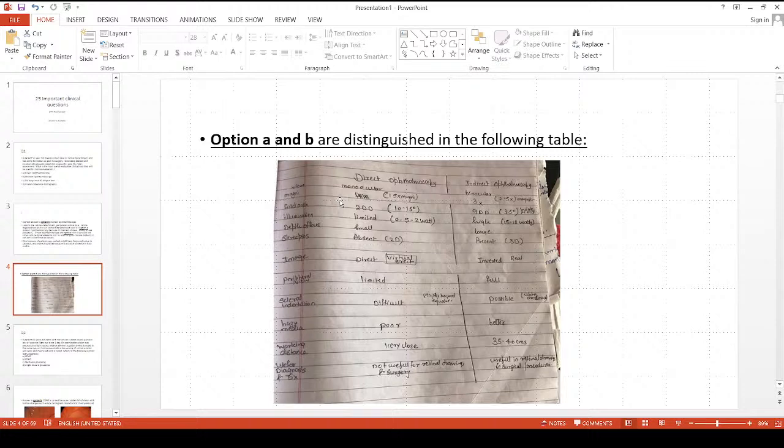Illumination will be limited in direct ophthalmoscopy, while it will be very high in indirect ophthalmoscopy. Stereopsis will be completely absent in direct ophthalmoscopy, and this is a great advantage where stereopsis will be present in indirect ophthalmoscopy. So lesions like epiretinal membrane, retinal detachment, cystoid macular edema will be seen elevated in indirect ophthalmoscopy. Even PED, pigment epithelial detachment, will be seen elevated.